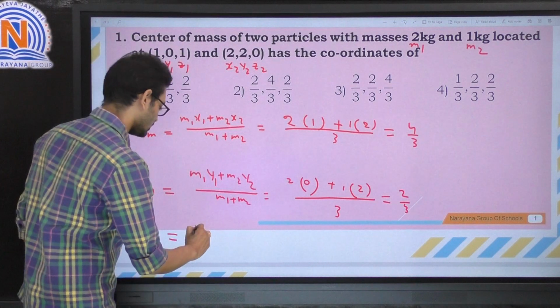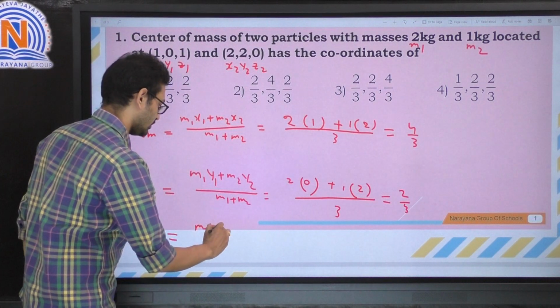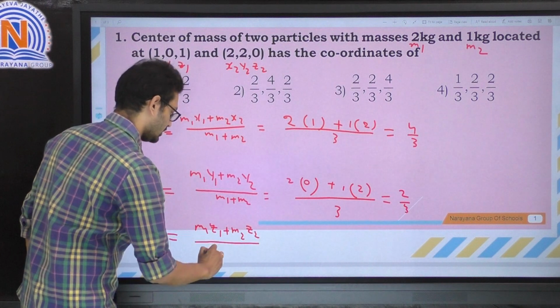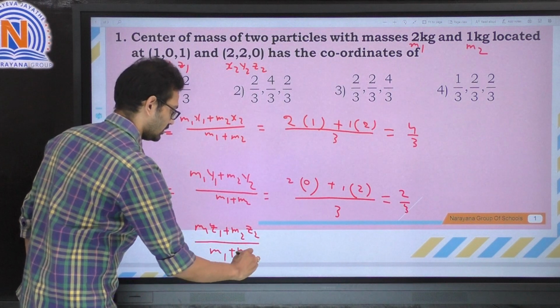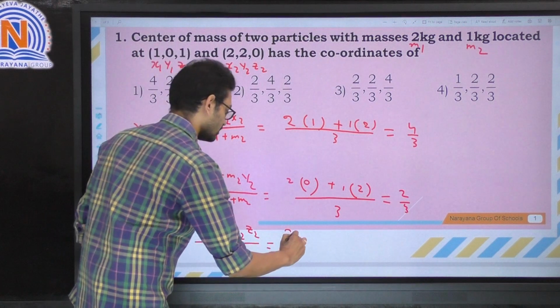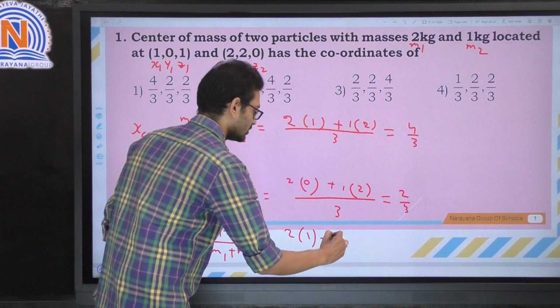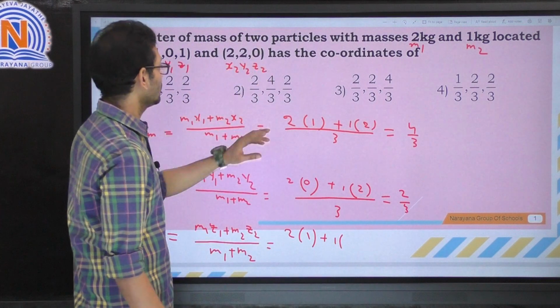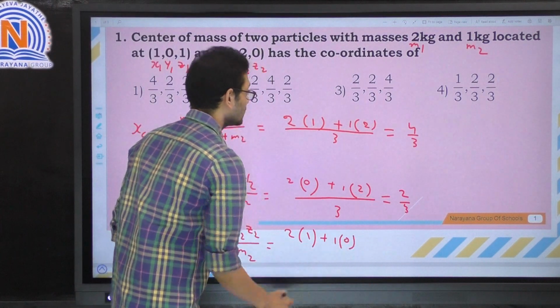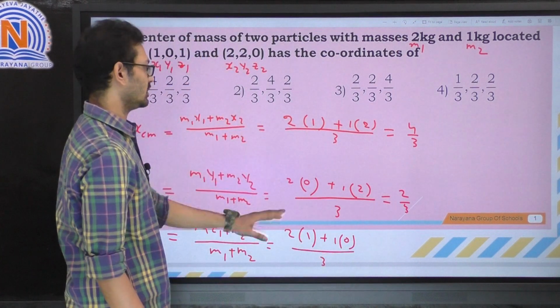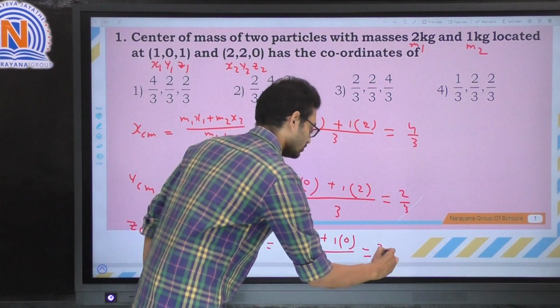And the next one is (m1 z1 plus m2 z2) by (m1 plus m2). So this one also you will get 2 into 1, because z1 is given as 1, plus 1 into 0, because z2 is given as 0, by 3, because m1 plus m2 is nothing but 3, that is equal to 2 by 3.